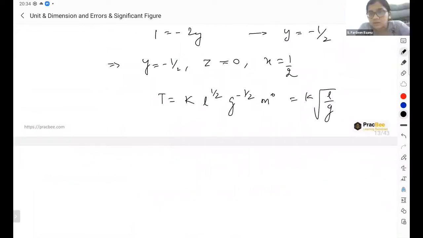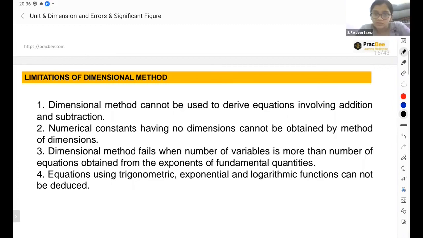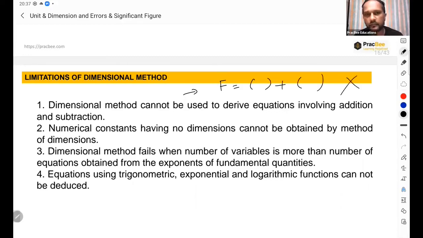Unit and dimension has some limitations, and I have written down the limitations here. You cannot use it to derive an equation involving addition and subtraction. I derived the equation with root of L by g, but you cannot use this method where there is a plus or minus sign involved. Like if force is equal to something plus something, you can't derive such an equation.